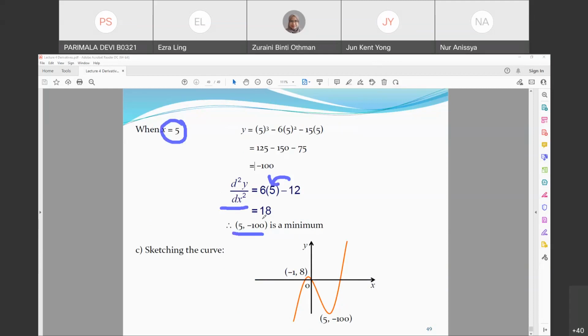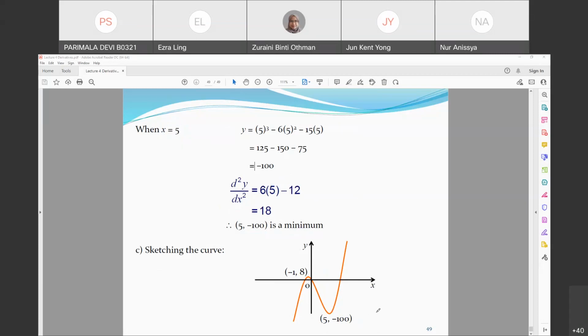So we get positive 18. When it is positive 18, d kuasa 2y per dx kuasa 2 lebih besar daripada kosong. So it is minimum. So when we sketch the graph, we can show that this point it is maximum and this point it is minimum.